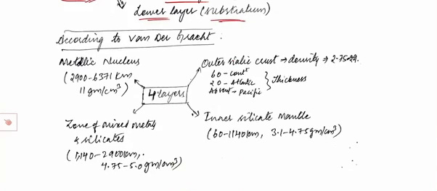And according to Van der Gracht, he proposed that the interior of earth has four layers. First, the outer sialic crust, with a density of 2.7 to 2.9 grams per centimeter cube.